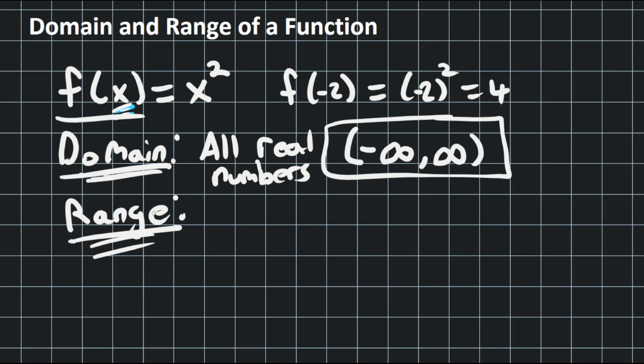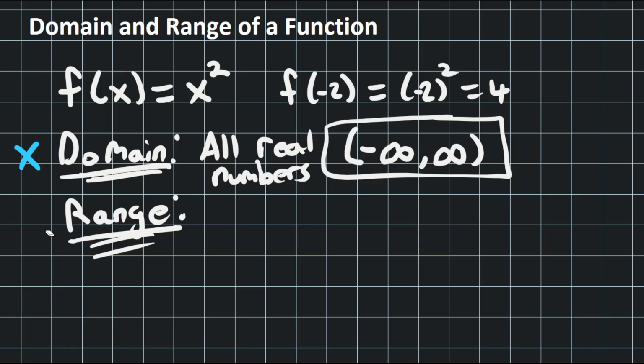Now let's talk about the range. What is the range? The range is the set of all possible outputs. So we know that x is an input. What is the output of a function? The output of a function is f of x, right?